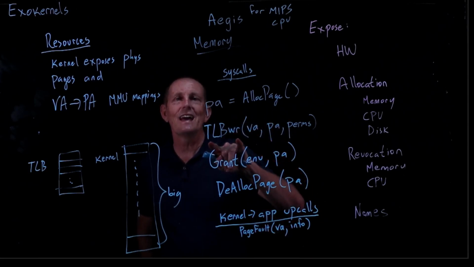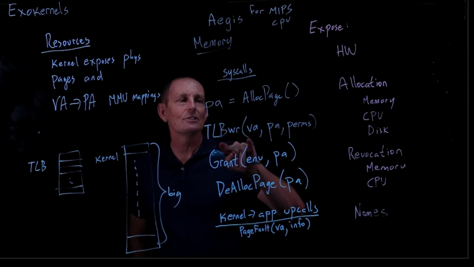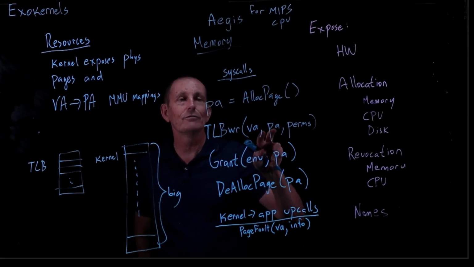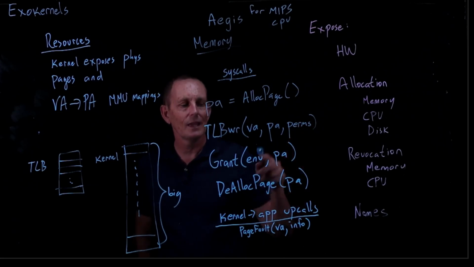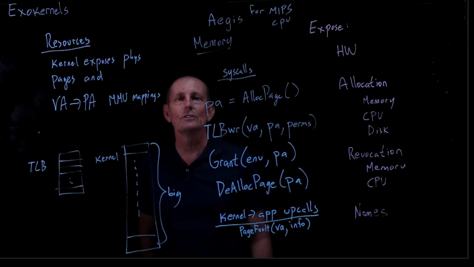Once that disk read is completed, we do a TLB write, mapping the virtual address of our executable to the physical address that we read into, with, let's say, read-only permission since it's an executable. And that's how we can handle a page fault and do all of our paging from user mode and not from kernel mode.